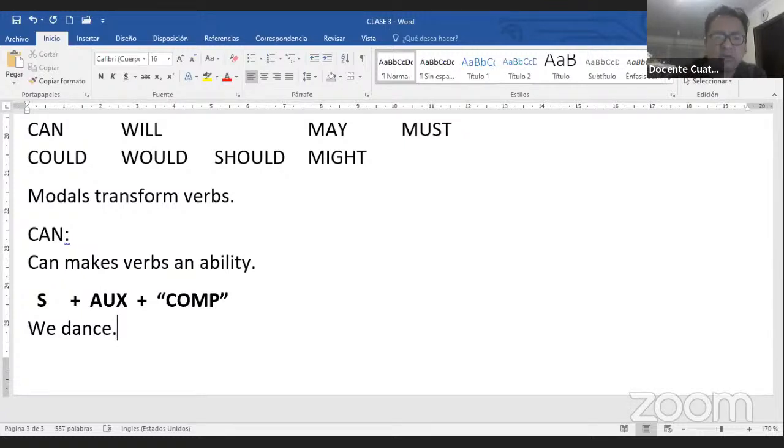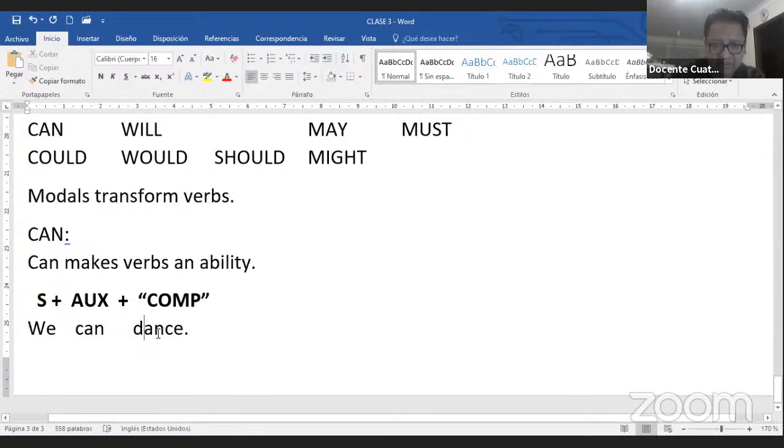Very good. Now I'm gonna change the verb. We can dance. Okay? What's the idea? The action of dance now is an ability for we, for us.